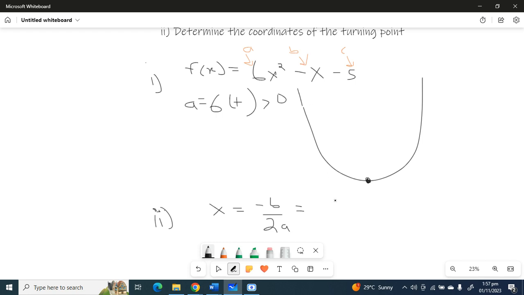B is -1, so say -1 over 2. A is 6, so you're going to say 2 times 6. All right, so you get 1 over 12. This is our x coordinate.